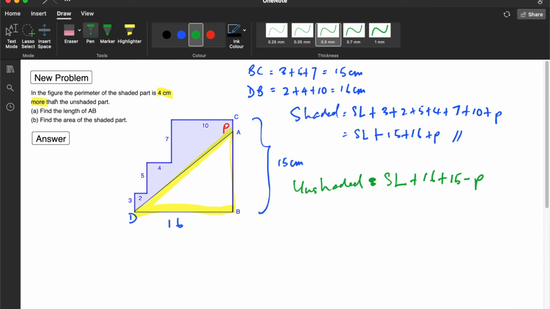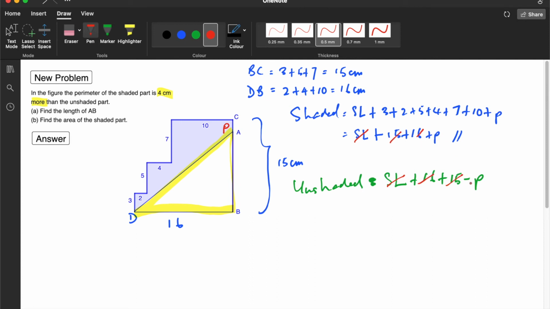Going back to the question, it says that the perimeter of the shaded part is 4 centimeters more than the unshaded. That means we have to take the difference between the two. If you take the difference, the slant length will cancel off each other, the 16 will cancel, and the 15 will also cancel.